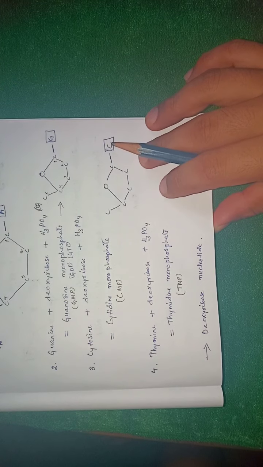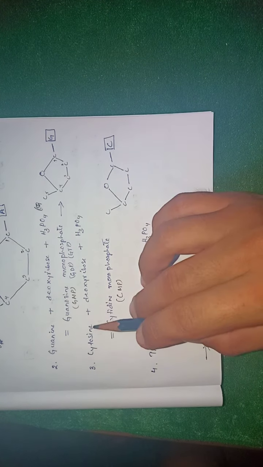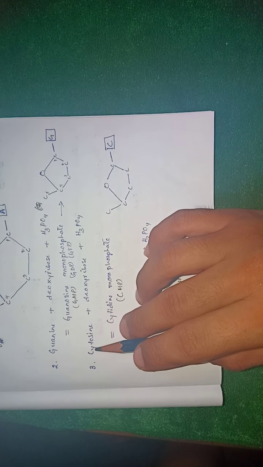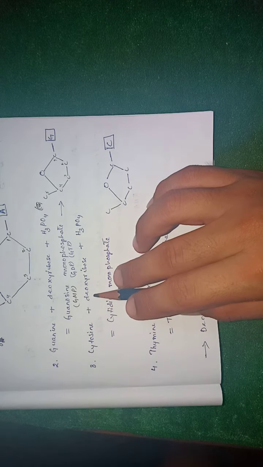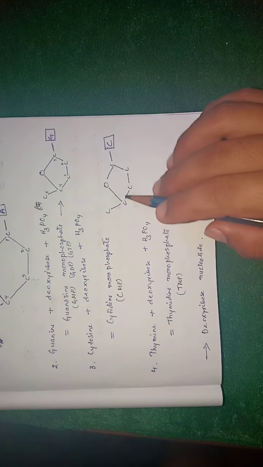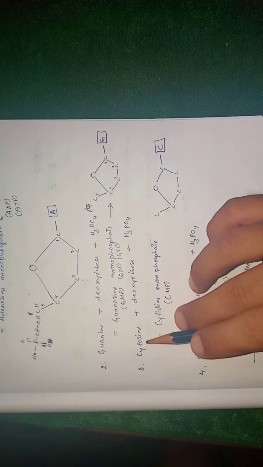Now the third type of nucleotide is the cytidine monophosphate. Cytidine here refers to the presence of the nitrogenous base cytosine, with deoxyribose and phosphoric acid. In this case also it's the same, only the nitrogenous base, instead of A, will be cytosine.